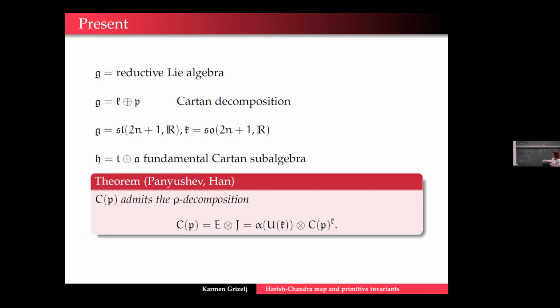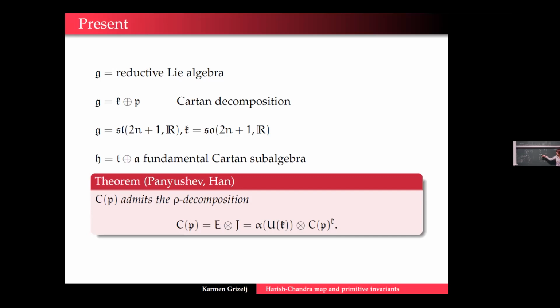We do it in a way that if we denote by T this plus 1 part in h, then this has to be a Cartan subalgebra of K. So K is a Lie algebra itself, P is not.